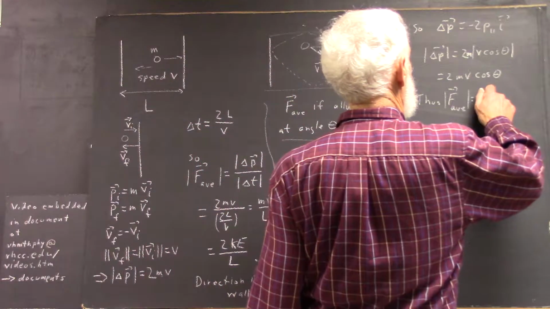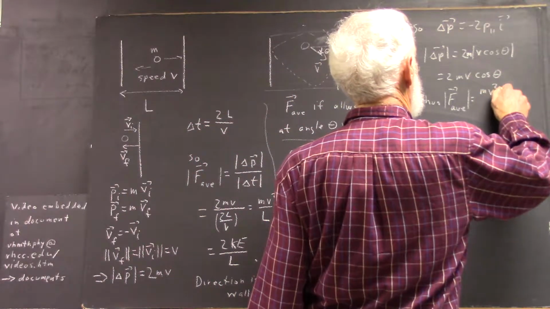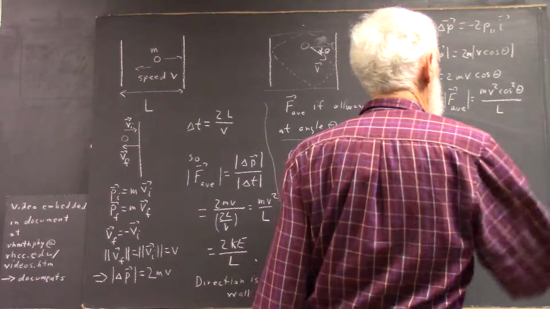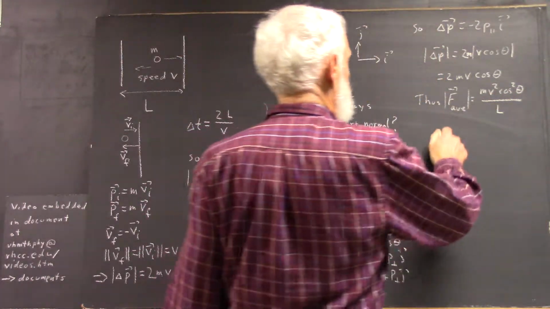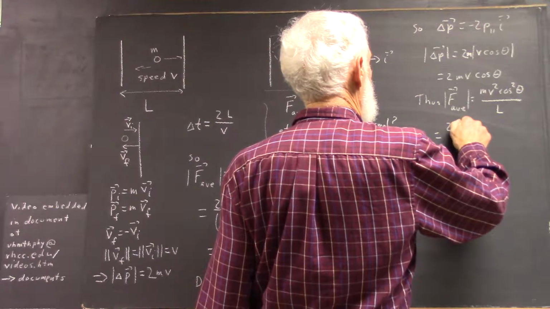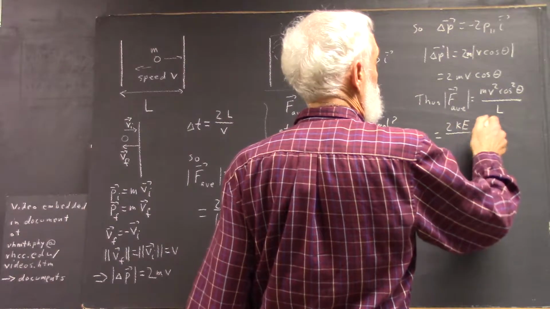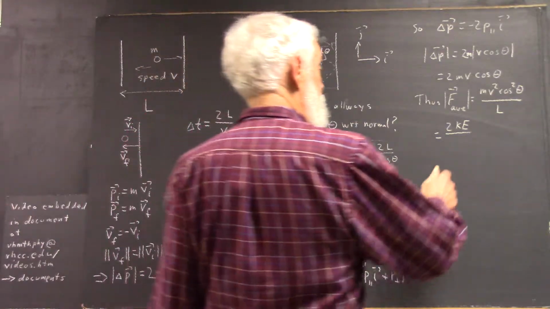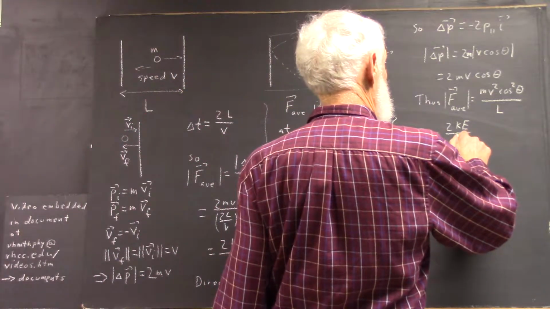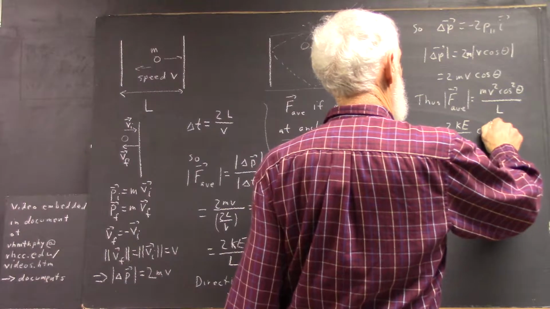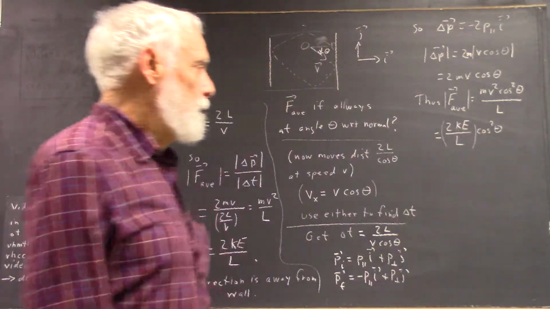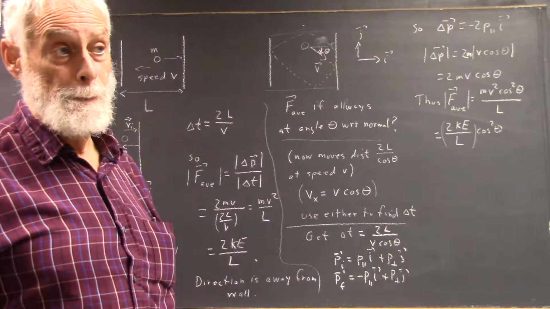So it's going to be mv squared cosine squared theta divided by L, which is double the average kinetic energy. Well, we don't have an average kinetic energy because right now we just have one particle. So same thing we got before, times the cosine squared of theta. Okay?